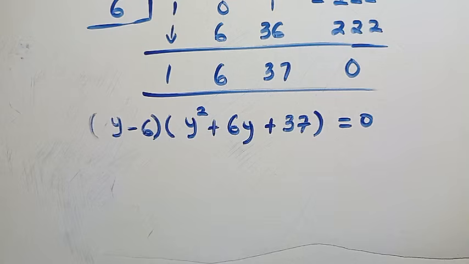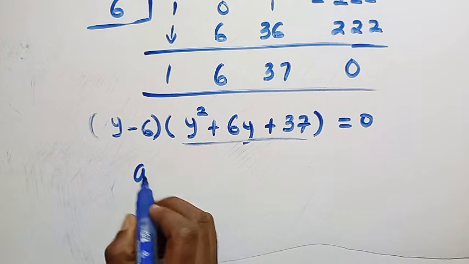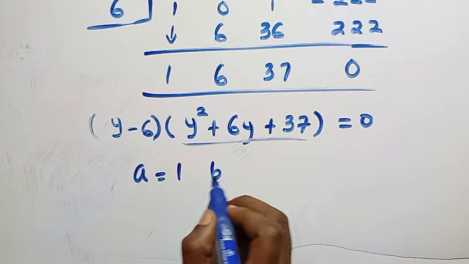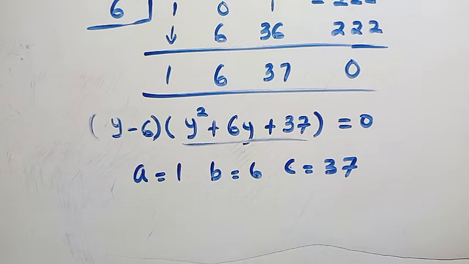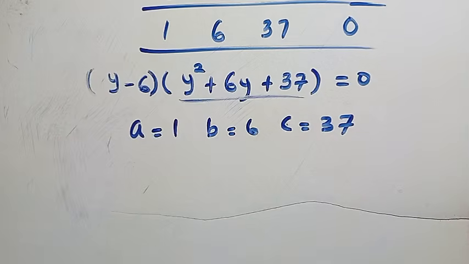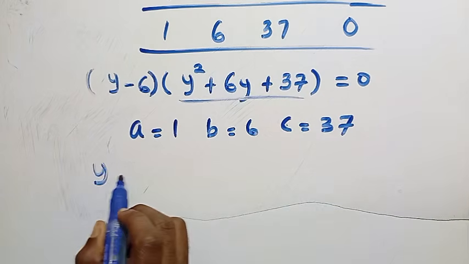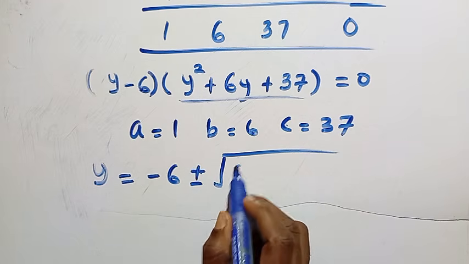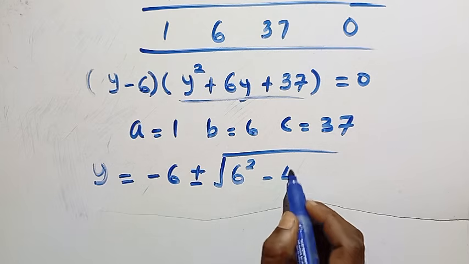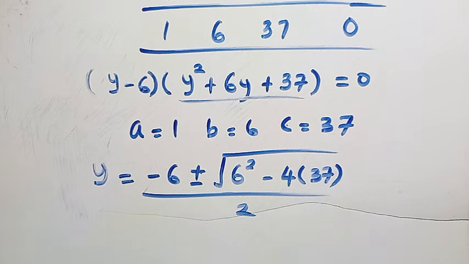After getting this, we are going to find the values of y for the second factor. Here a equals 1, b equals 6, and c equals 37. Applying the quadratic formula, we have y equals minus 6 plus or minus the square root of 6 squared minus 4 times 37, all divided by 2.